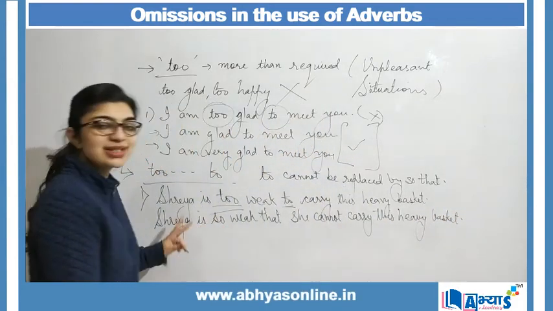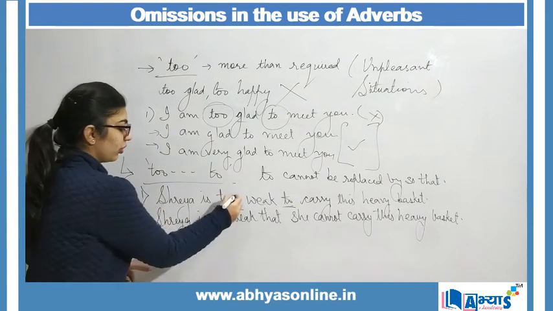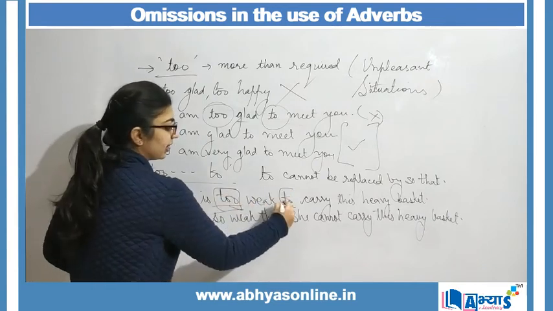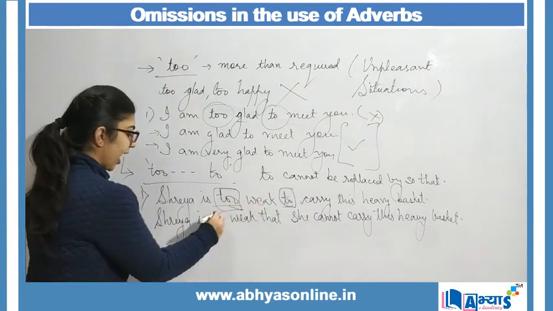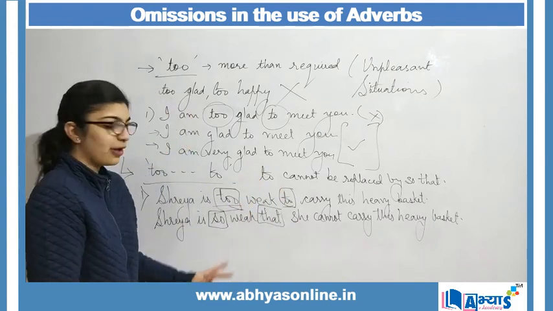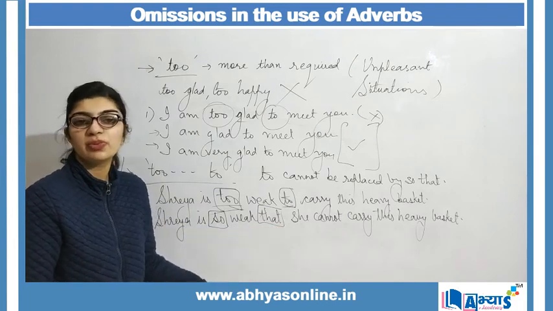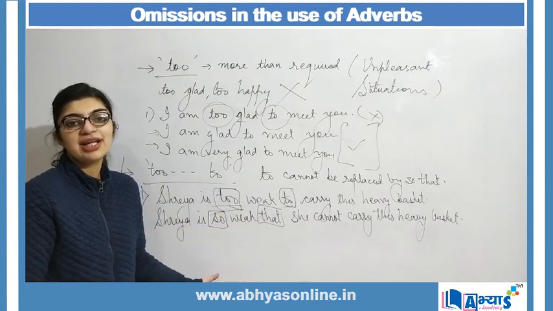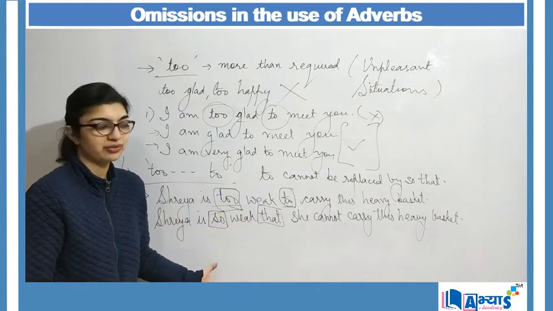Remember, with too I make use of the word to, and with so I make use of the word that. Both should not be mixed with each other. They should remain as their individual identity, right?